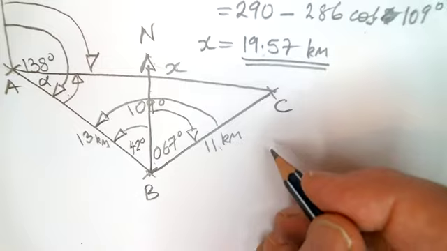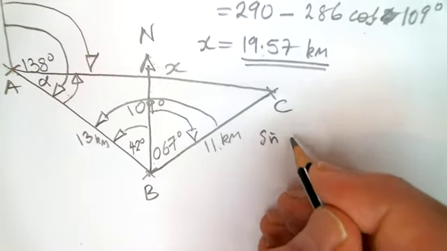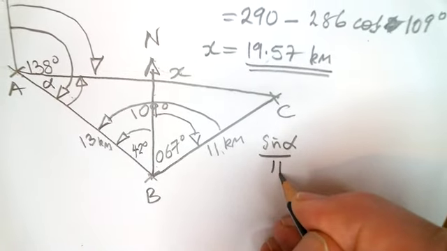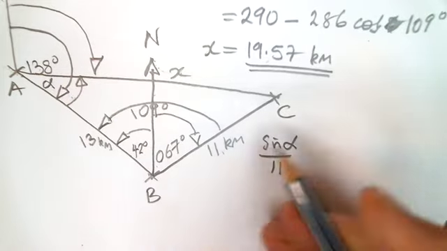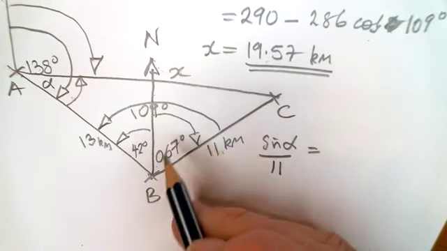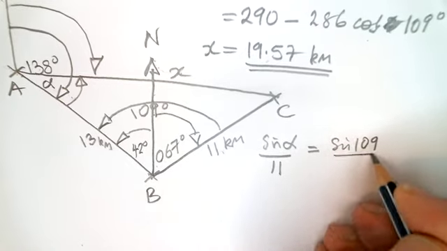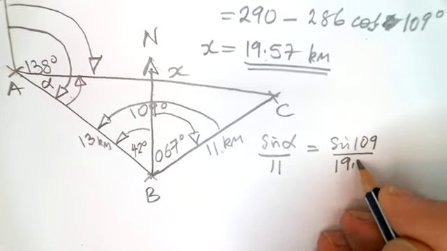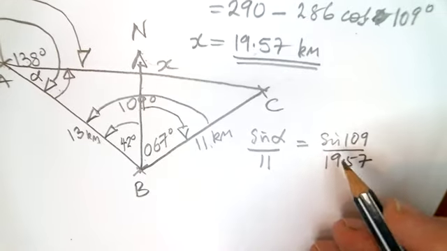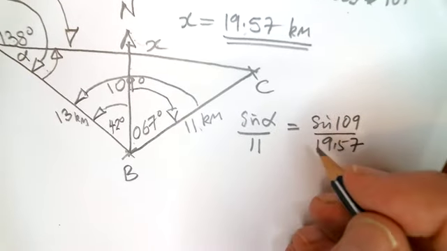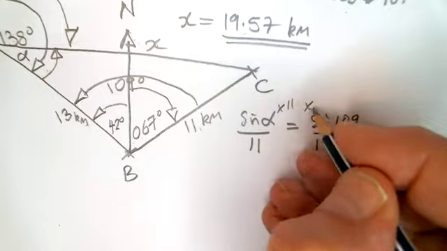So I'm going to say sine alpha over 11, so this angle over this side, is equal to this angle, which is sine of 109 over 19.57. So I'm going to multiply both sides by 11.